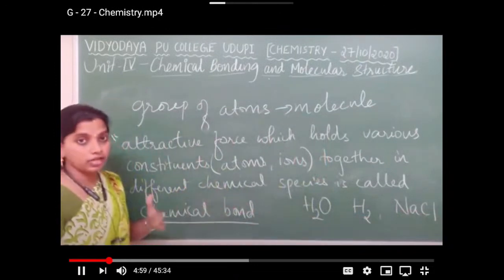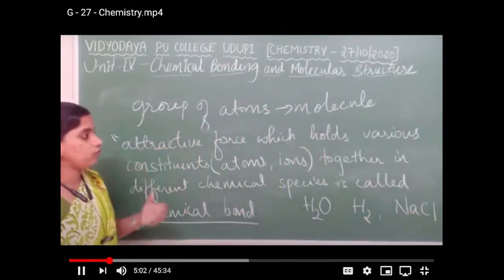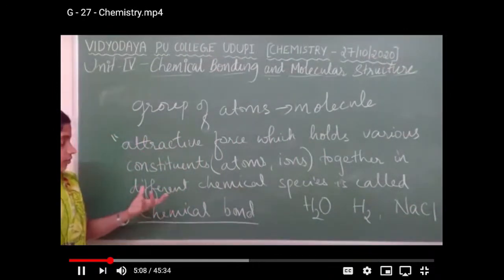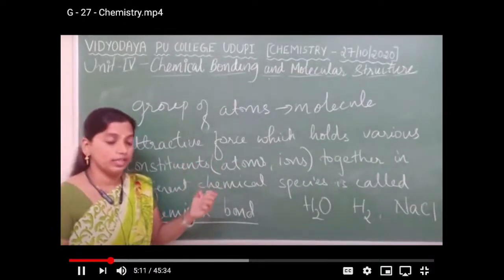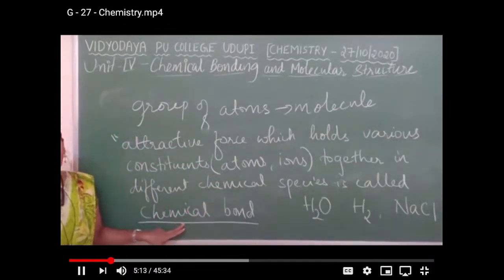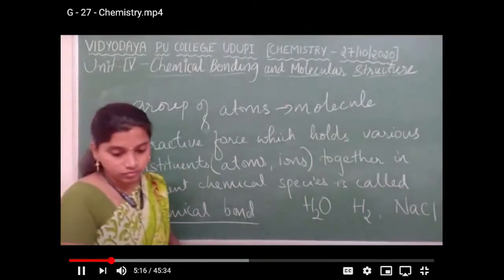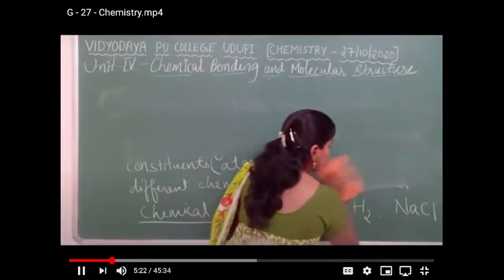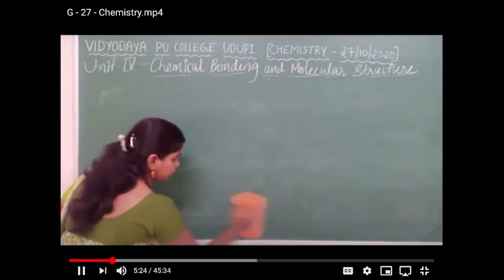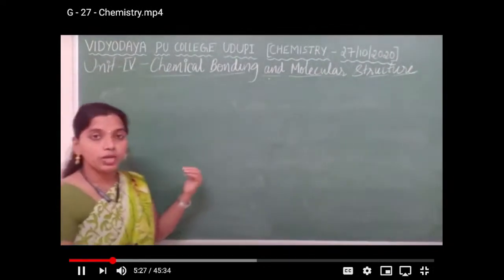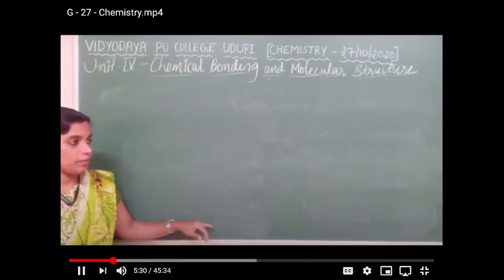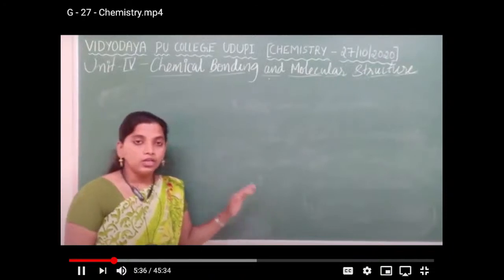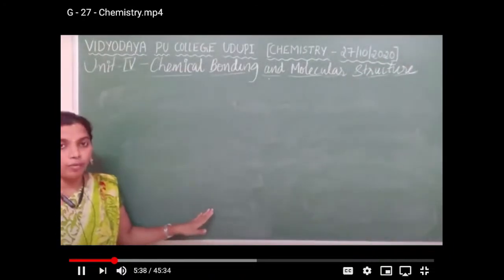So there is an attractive force, that is called the chemical bond. Due to this chemical bond formation, various compounds will be formed. The chemical bond can be of different types, ionic bond, covalent bond, so various compounds will form.